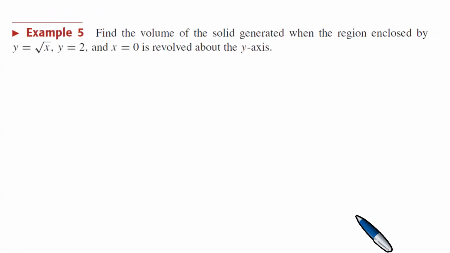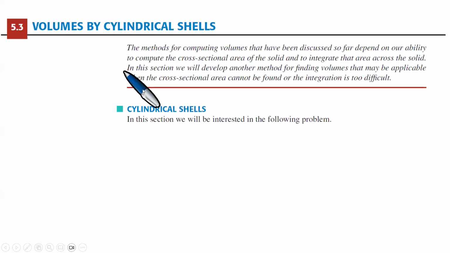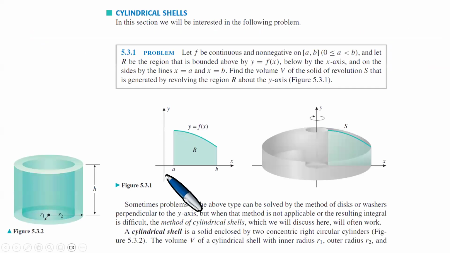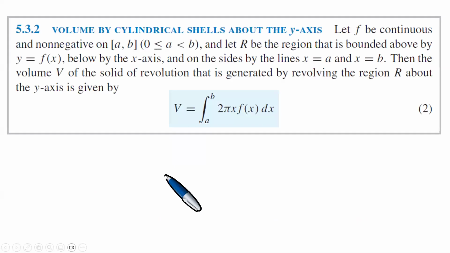Right. So now the method of the cylindrical shells, volume by cylindrical shells. Okay, I want us to recap on that before we move on. The volume by the cylindrical shells, you can see that about the y-axis. Right, so then the volume V of the solid of revolution that is generated by revolving the region R about the y-axis is given by 2 pi x f of x dx.